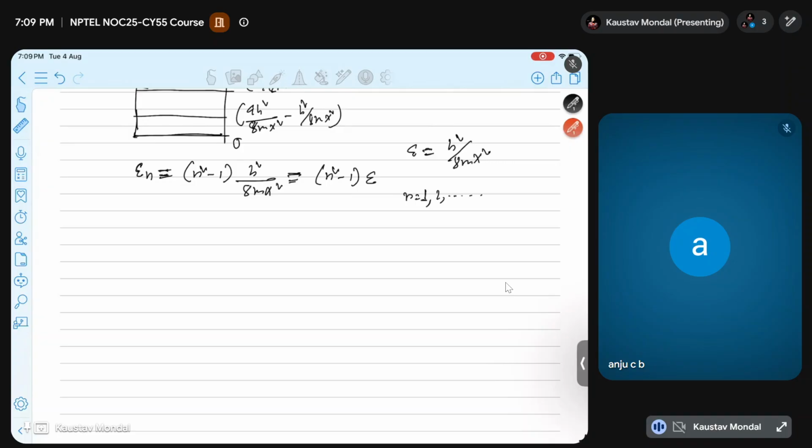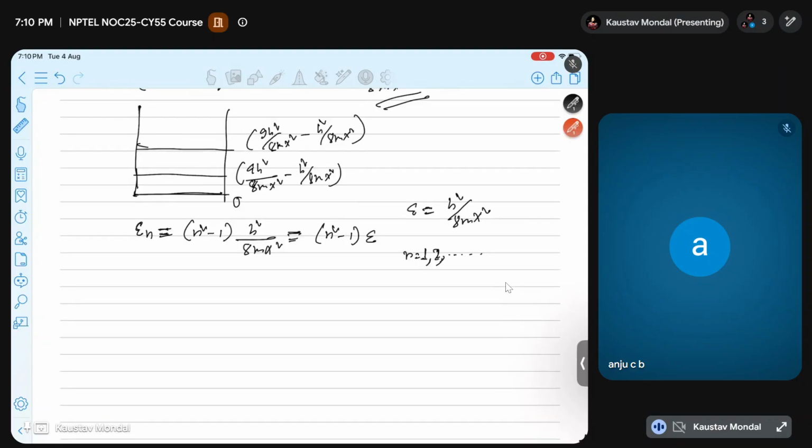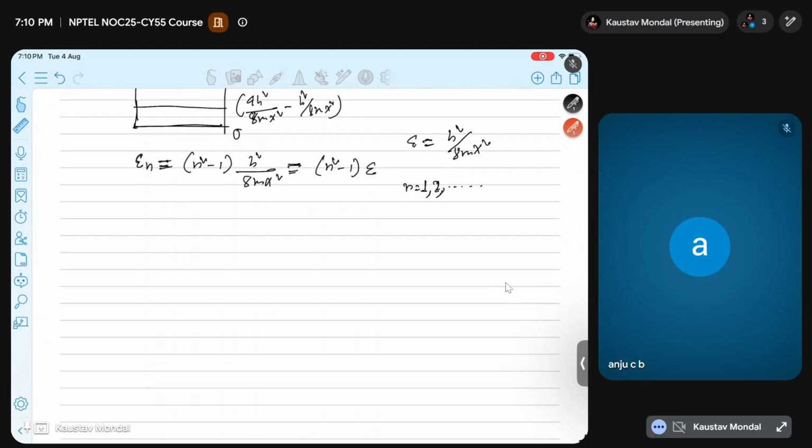So 1 is for the ground state, 2 is for the first excited state, 3 is for the second excited state. Still it's not actually a uniform ladder, because although we have made the ground state 0, the difference between each energy level is not equal. So we cannot call it a uniform ladder, although it's an energy ladder.